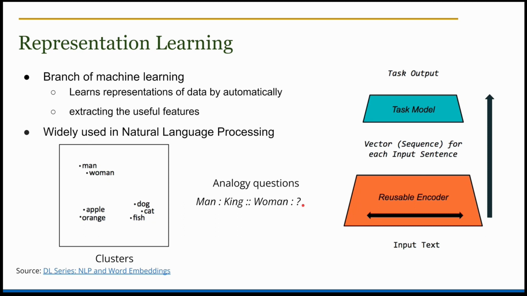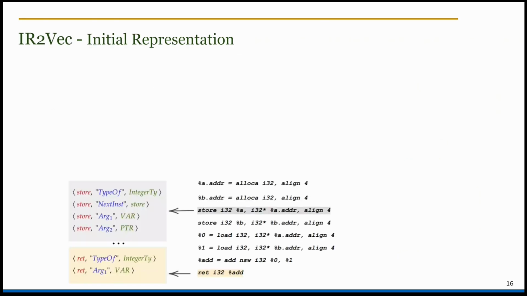From the learned representation, we would be able to determine the corresponding equivalent, which is queen, and retrieve the representation from the vector space. So basically, any representation learning method helps in arriving at a representation capturing the underlying meaning of the data. Right, so now let us start.